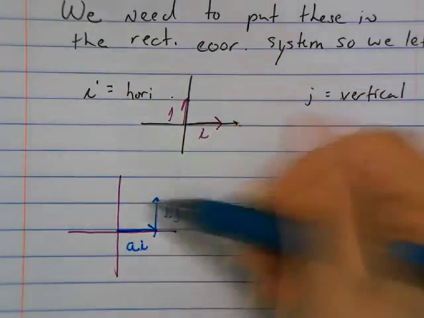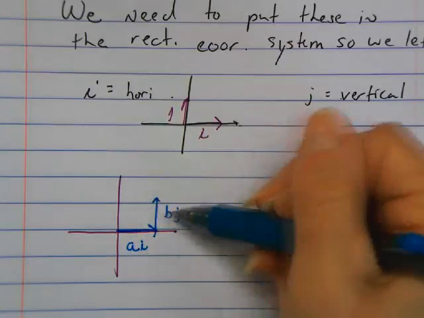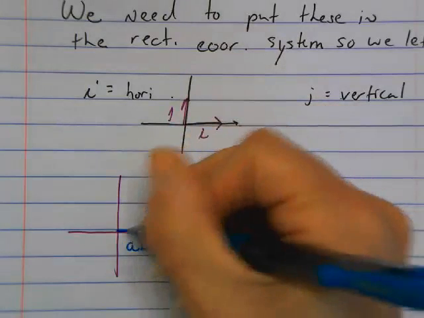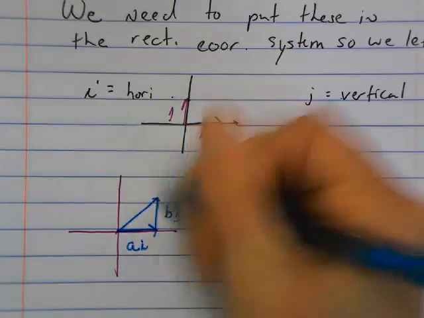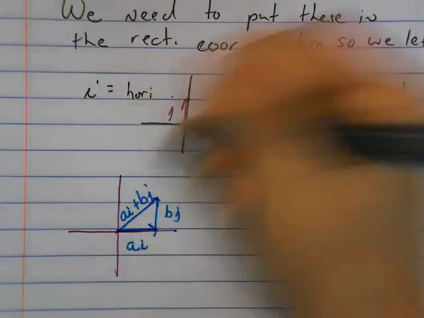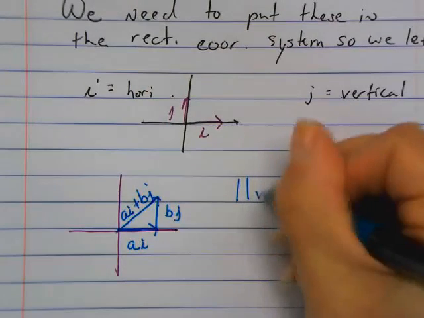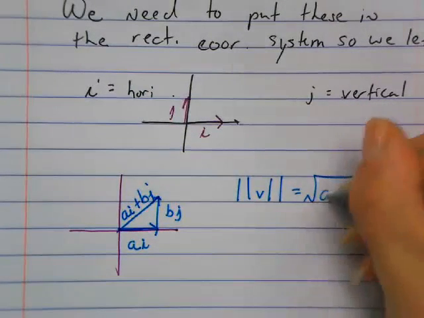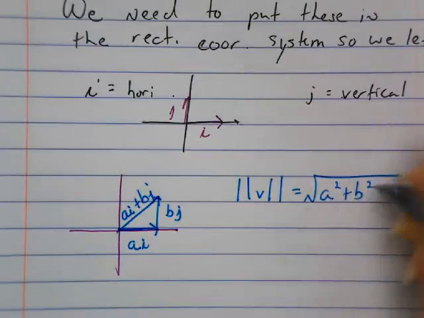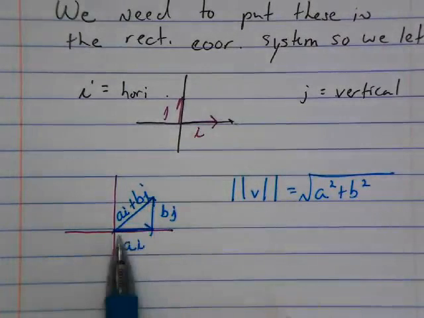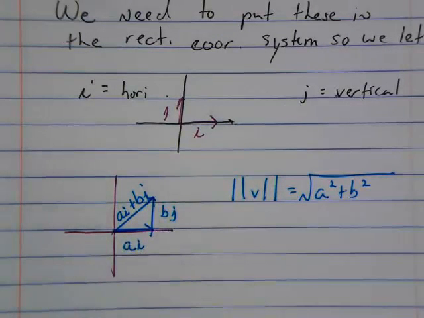So again, any value of b, this could be 4j, 5j, 10j, and what we get is our resultant vector will be aI plus bJ. So if I ever want to find the magnitude of that vector, I'm just going to take the square root of a squared plus b squared. If you think about it, this is really just a right triangle, right? And to find the hypotenuse, I can just square those two sides. It keeps me from having to do the distance formula.